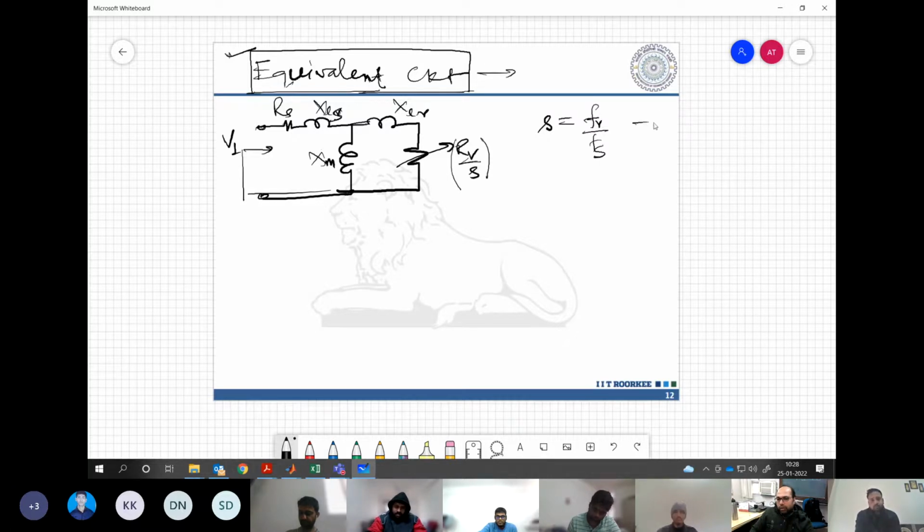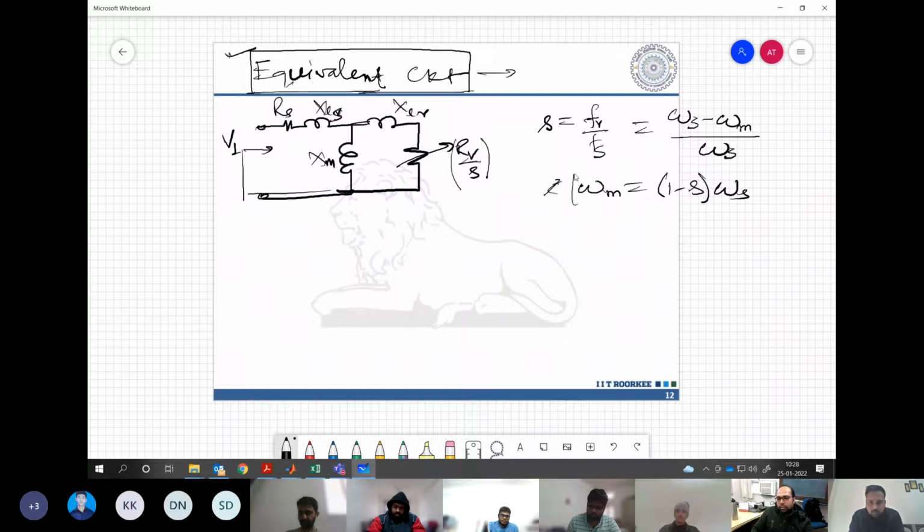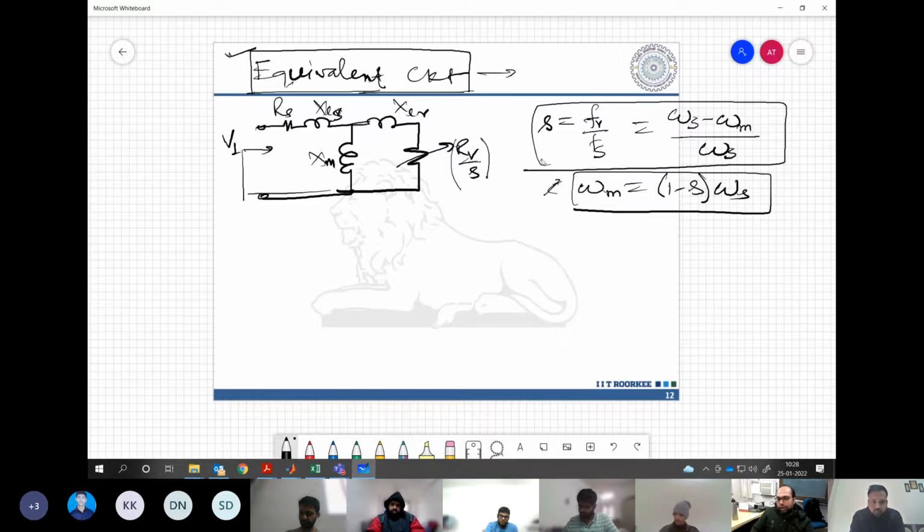And rotor frequency is nothing but omega synchronous minus omega m, divided by omega S. So in effect, omega m is 1 minus s times omega s. Correct? These are some primary definitions which we know already.